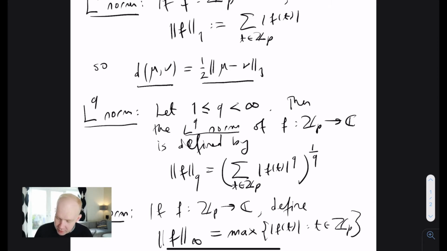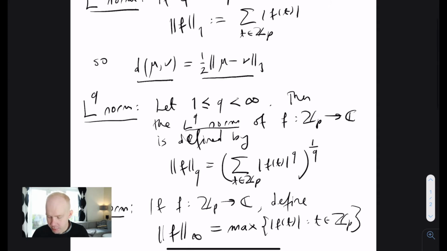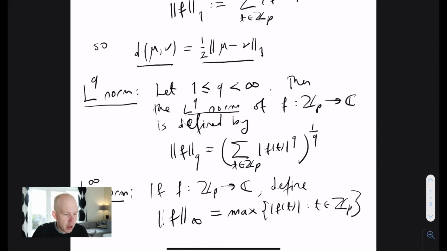But after that, it turns out that it's useful to go to higher order Lp norms. For example, the L2 norm is important because it allows you to transfer the analysis into this notion of Fourier transform later on.